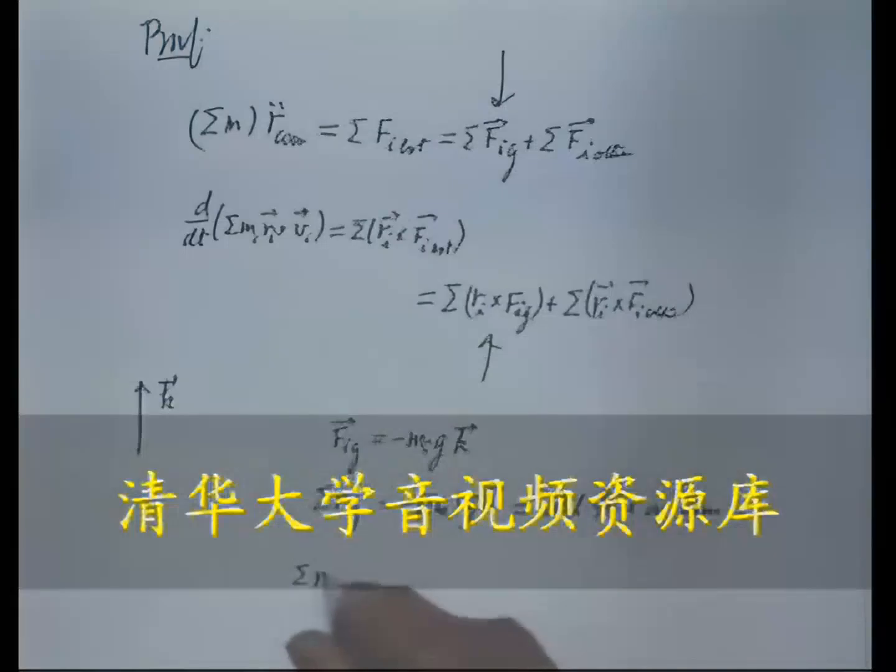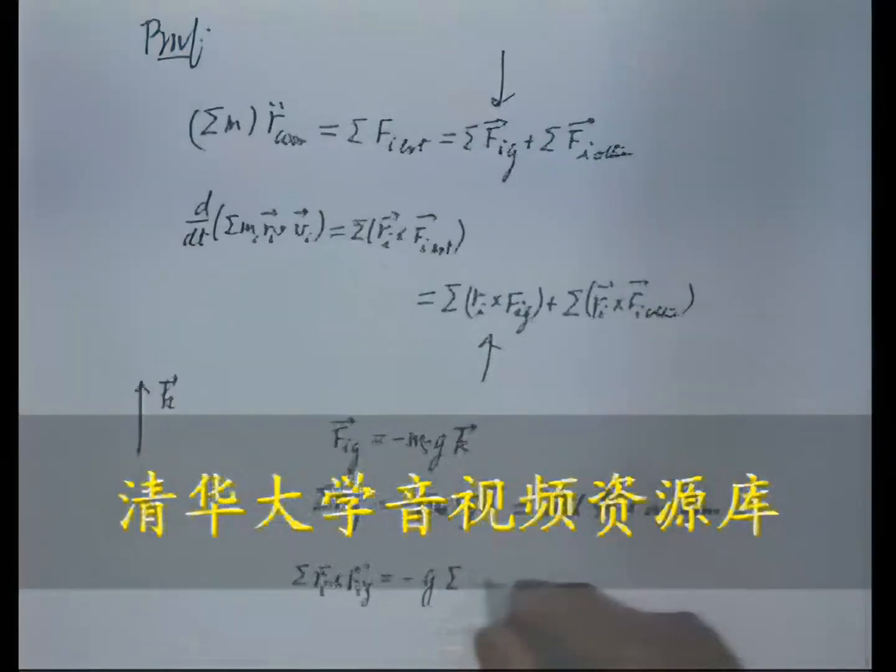Summation of Ri cross Fig is equal to summation of Ri cross minus mi g k.